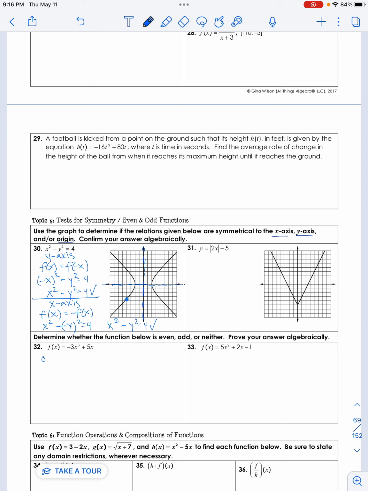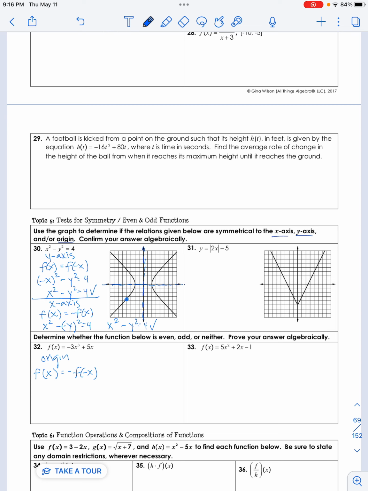Now, when it comes to origin symmetry, does f of x give me the same thing as negative f of negative x?